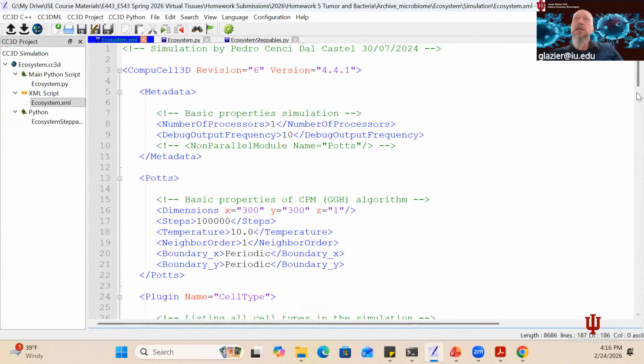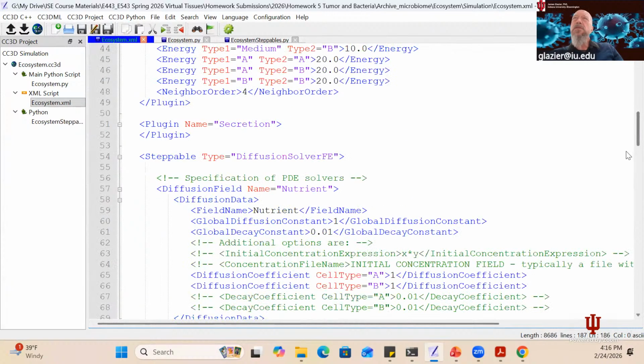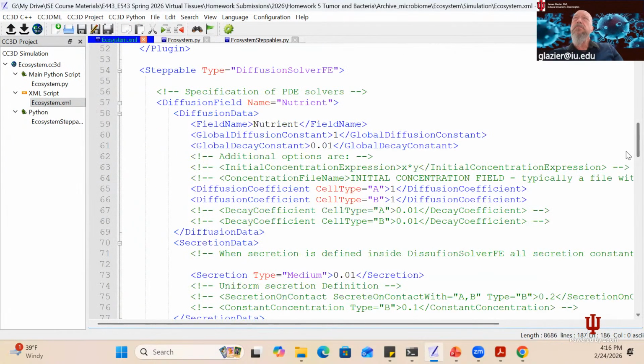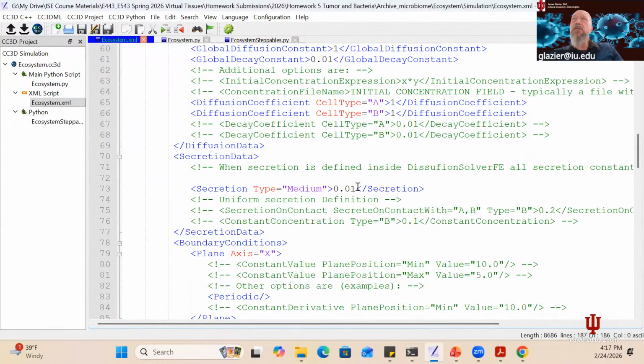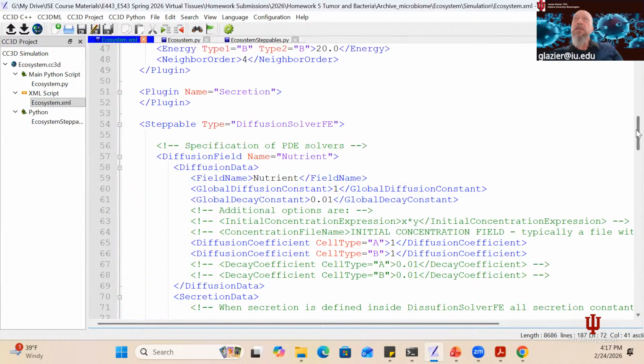Now I'll look at the diffusion equation. Maybe something new. So the diffusion coefficient is defined in the cells. There's a global decay constant, and the medium secretes at 0.1. The global decay constant is 0.01.